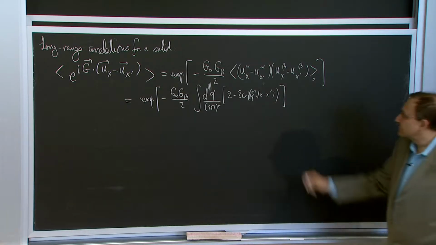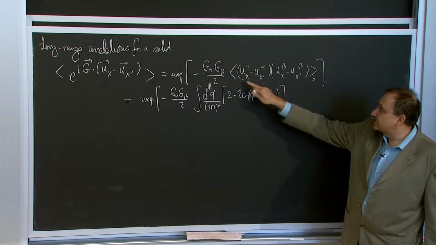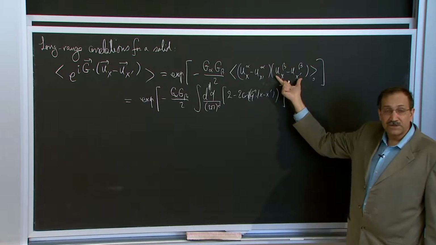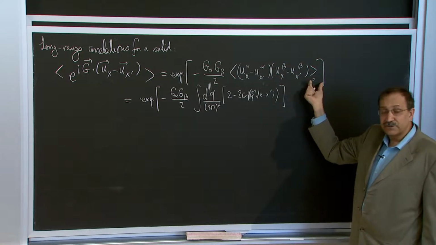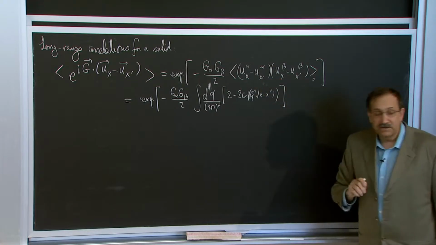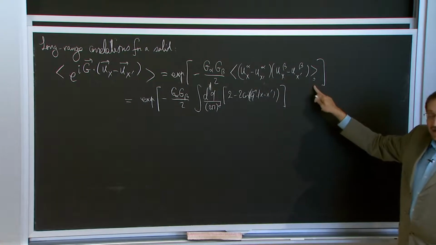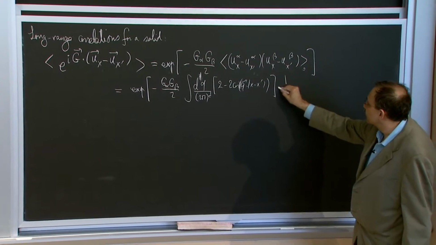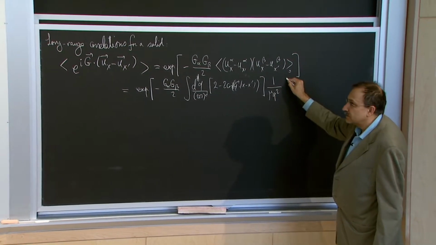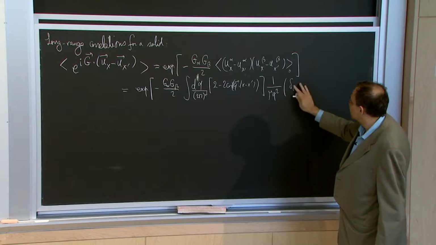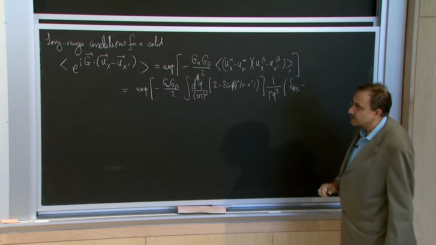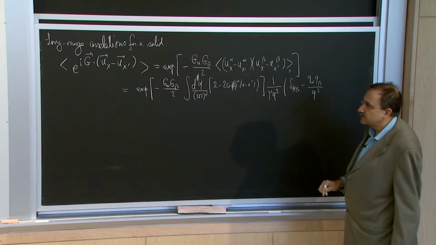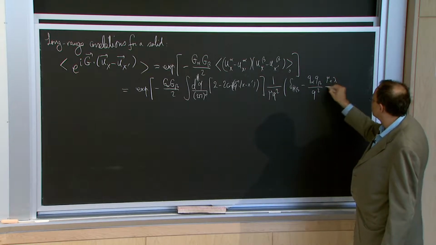Whenever you go to Fourier space, you will get e to the i q x minus e to the i q x prime. Different one for here with different q primes, but when you take the average, q prime is set to minus q, so you will get this form as usual. And then I will have the average of the Fourier transform u's, which is what I wrote over there. I will get a 1 over mu q squared times delta alpha beta minus q alpha q beta over q squared, times mu plus lambda over 2 mu plus lambda.